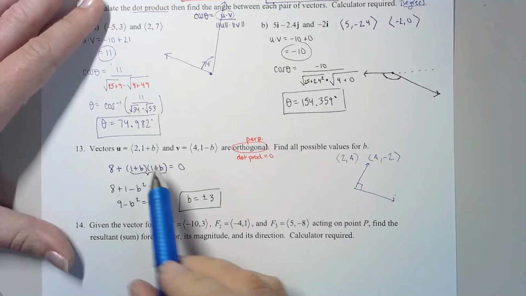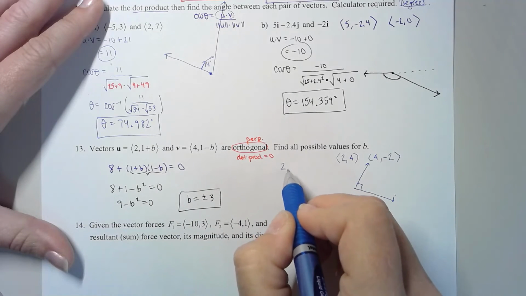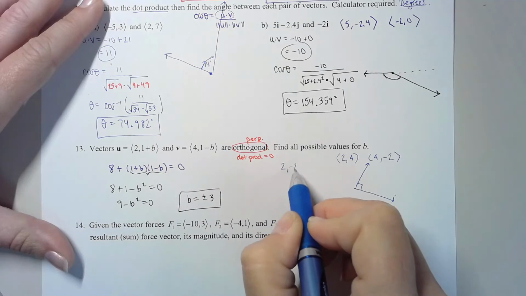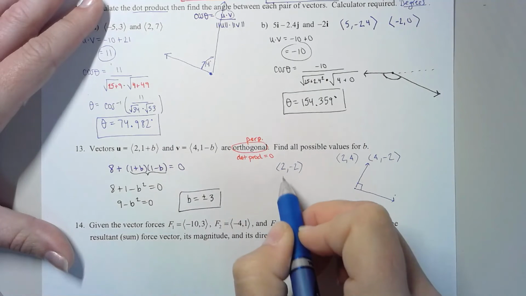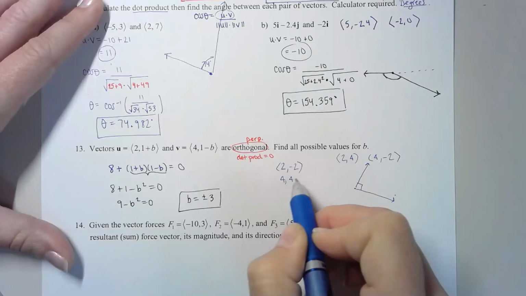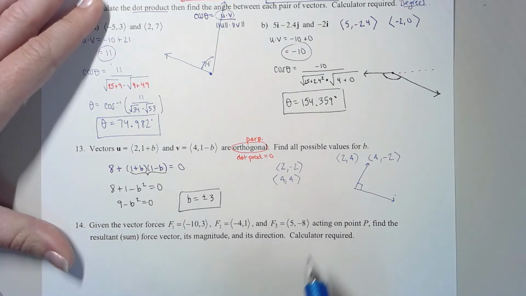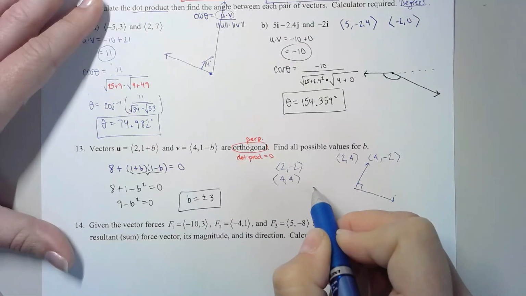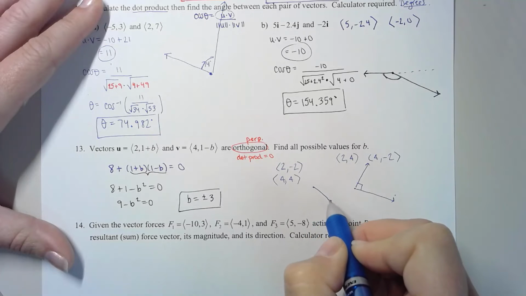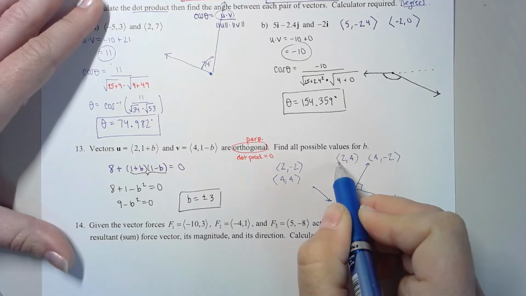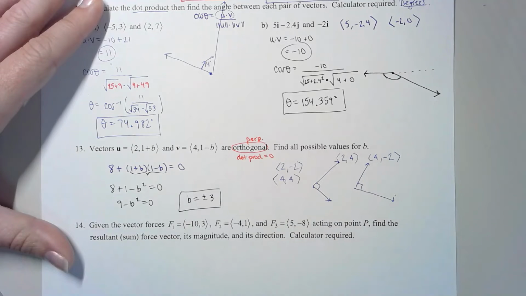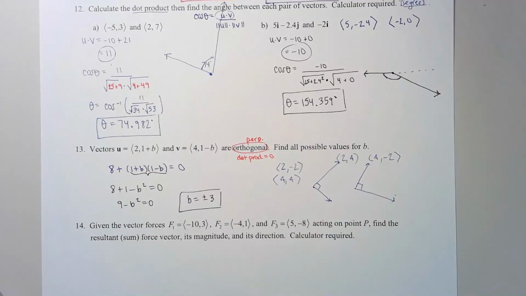If b is negative 3, we'd have the vectors 2, negative 2, and 4, 4. And we could draw that one. Over 2, down 2, over 4, up 4. Again, not perfect. I'm just kind of getting visually if we're in the ballpark, if both of those will work.